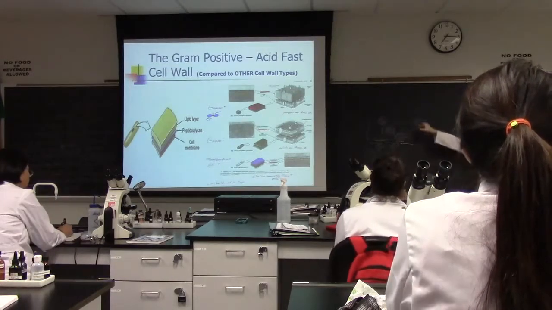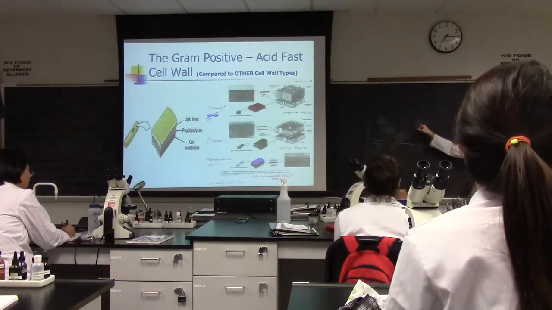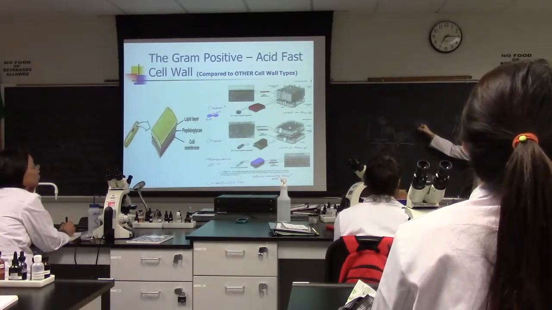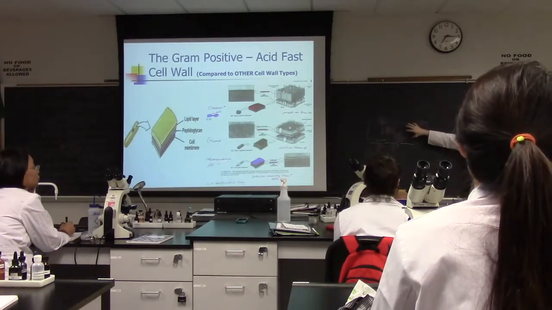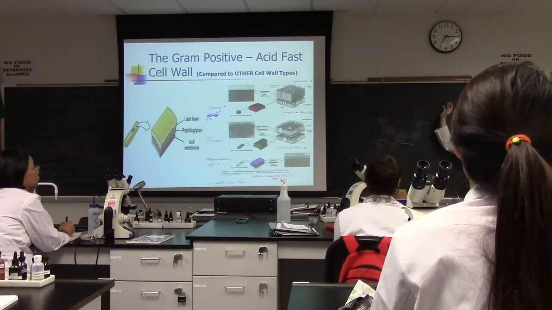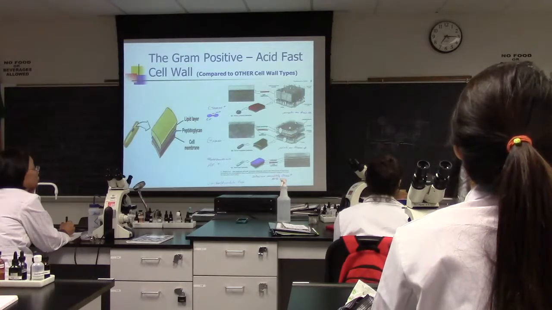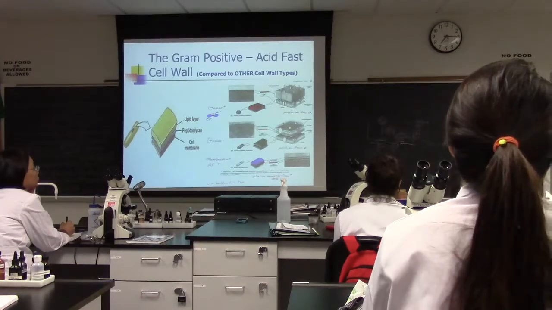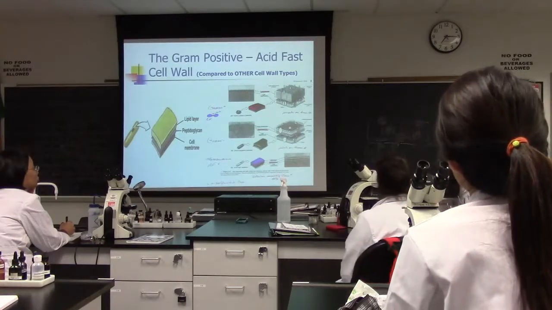Answer, because crystal violet is dissolved in water and alcohol. Sometimes this layer repels it. And the last thing you put on is safranin, which is dissolved only in alcohol, it might stick here. But most of the time, they stain purple.